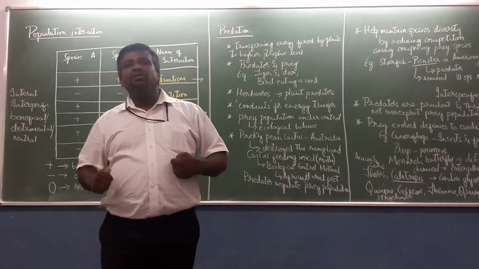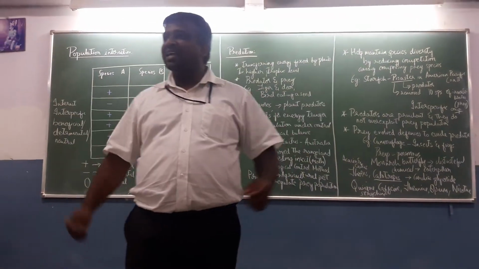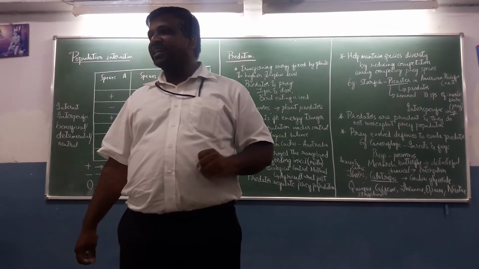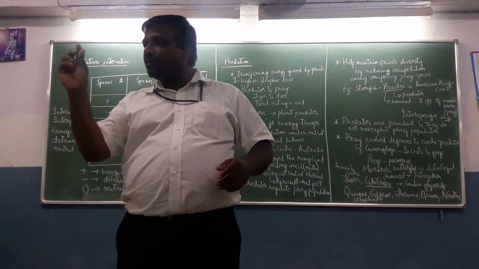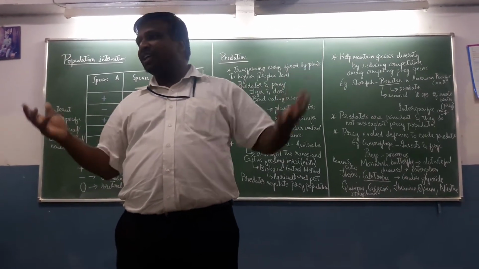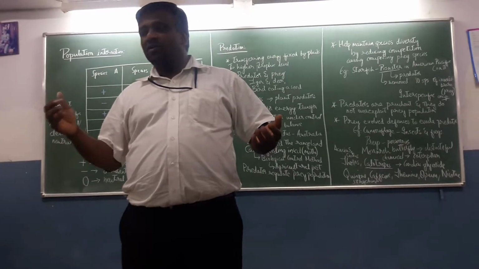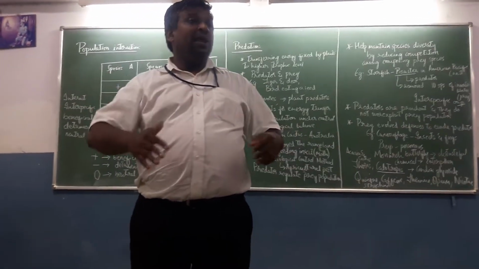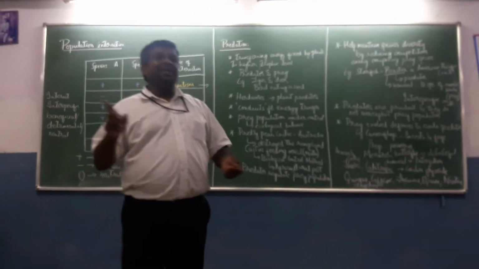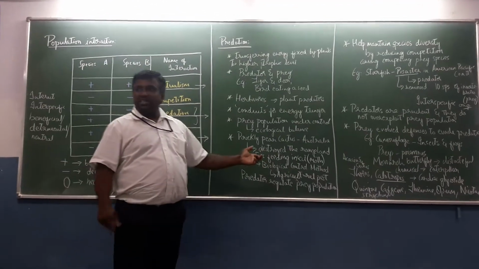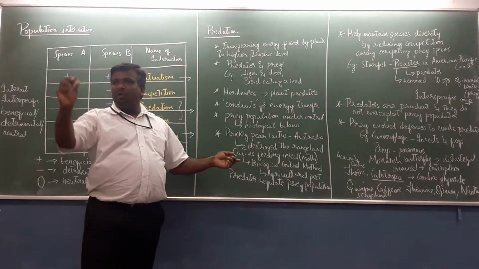See, generally we believe that predators should be larger in size and prey should be smaller in size. But here the prickly pear cactus moth is small in size, but the prey is large. So that concept of predator being large need not always be correct. Like the biological control here, the insect is a very small one.